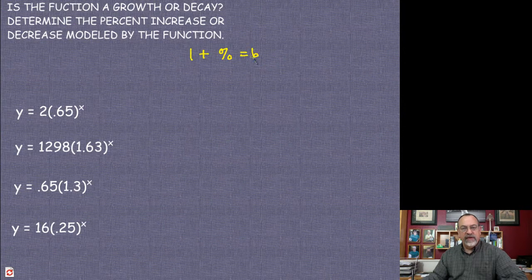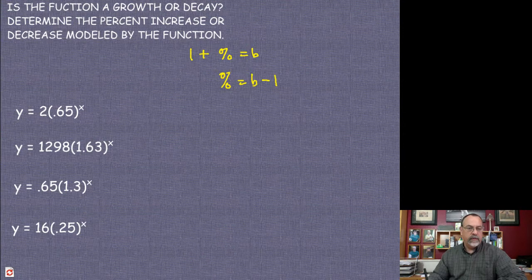If I have B, how do I get the percent? Well, if I take this equation and I solve for percent, if I take the B value and I subtract 1, that's going to give me the percent. So to determine the percent increase or decrease, I'm simply going to take the B value and subtract 1. I'm going to undo what I did in order to get B.